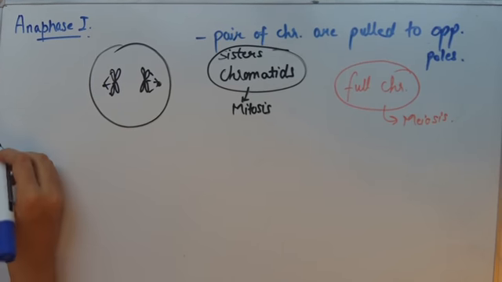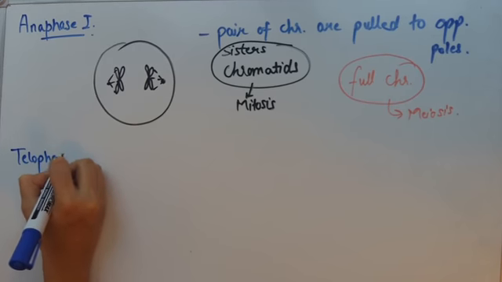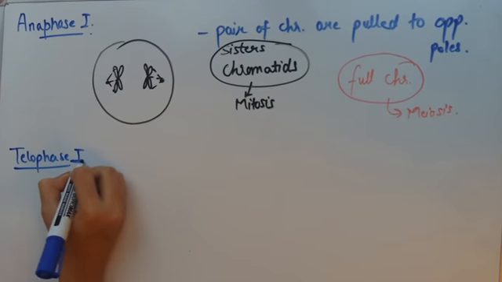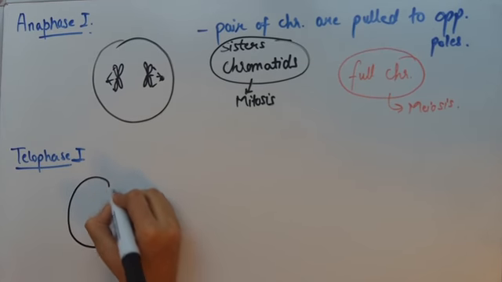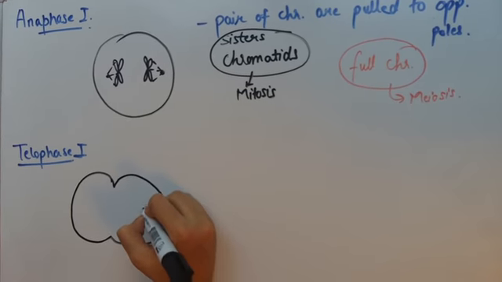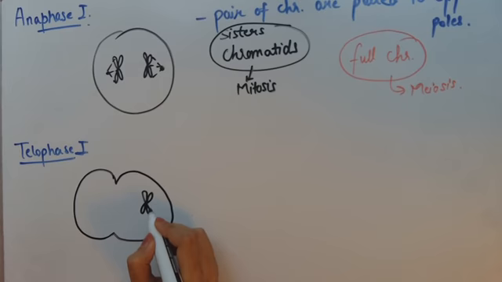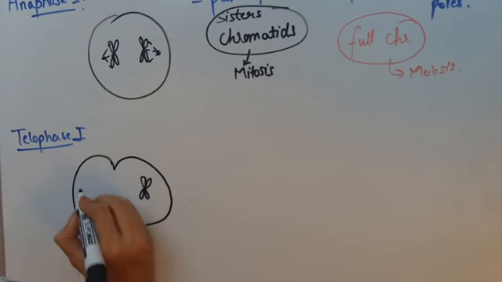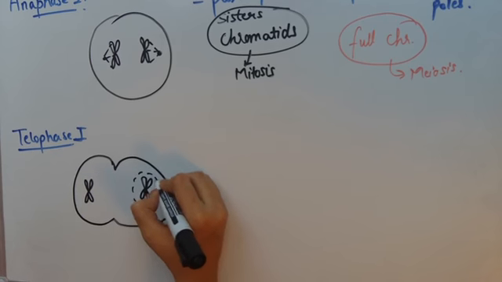And the next stage of meiosis 1 is telophase 1. In this phase, chromosomes move towards the opposite ends of the cell, and the nuclear membrane starts to appear again.